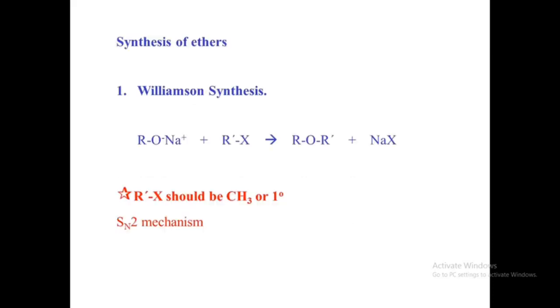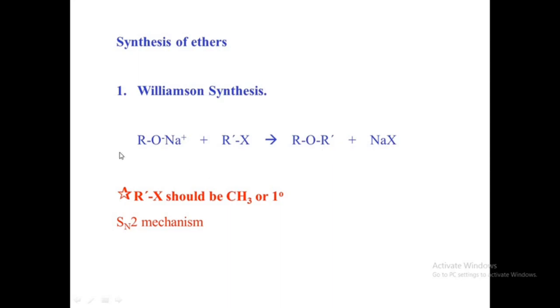After that, another method. The first one is the industrial method, and the second one is a very important method, known as Williamson synthesis. During Williamson synthesis, sodium alkoxide is treated with alkyl halide, and then sodium halide is formed along with ether.